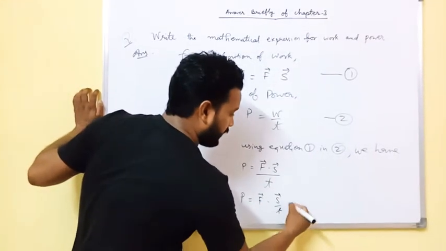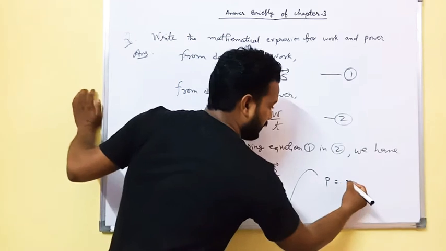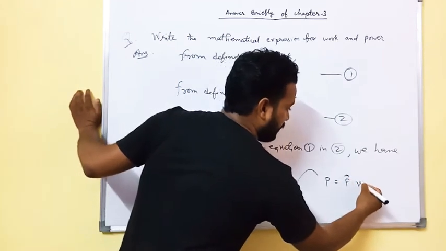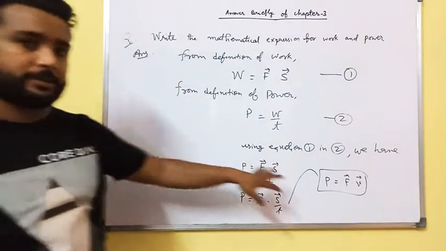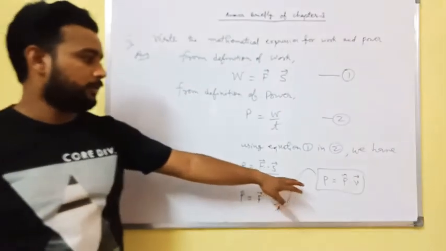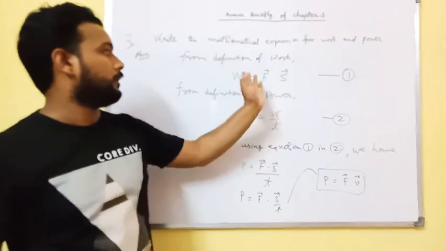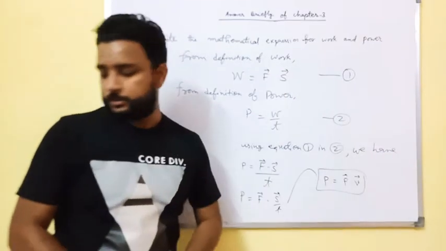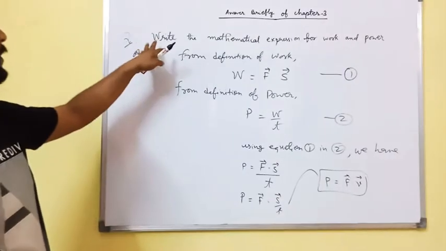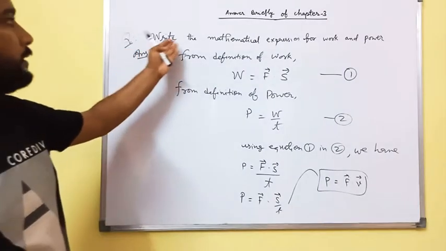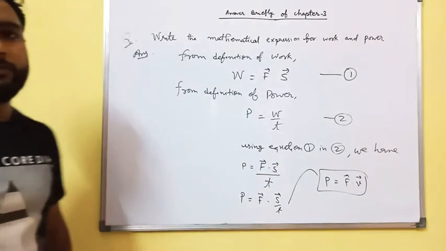So we can also write P equals F into velocity. So we have another relation for power using the definition of work done. Now you can write the answer for the question: write the mathematical expression for work and power.